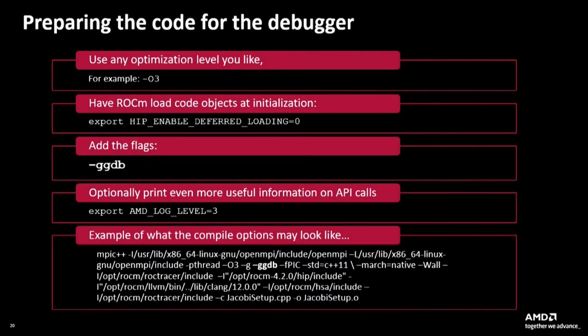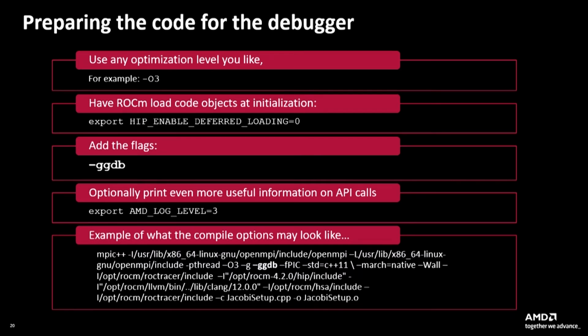A lot of times debuggers sort of restrict you to use some sort of optimization levels. But because this is essentially GDB, with rocgdb you can use any optimization level. For example, it can be O3 for all you care, or it can be O1, O2.